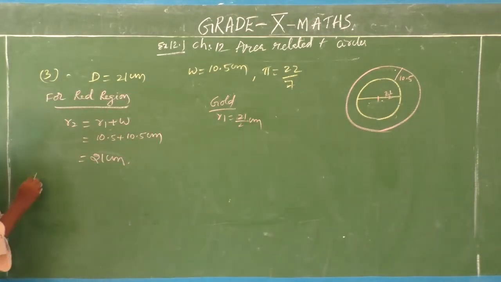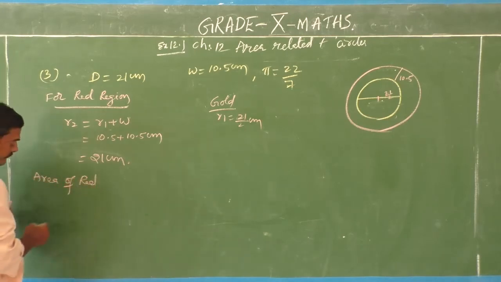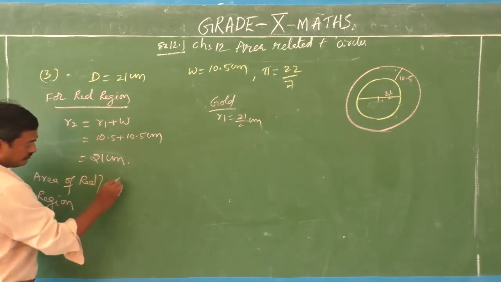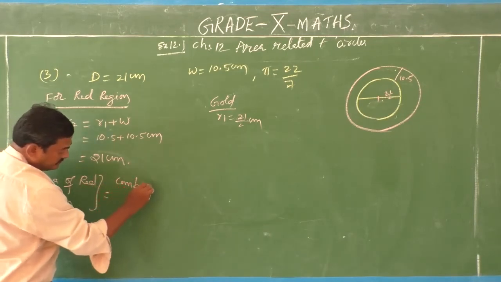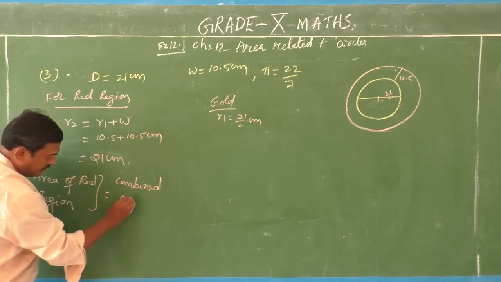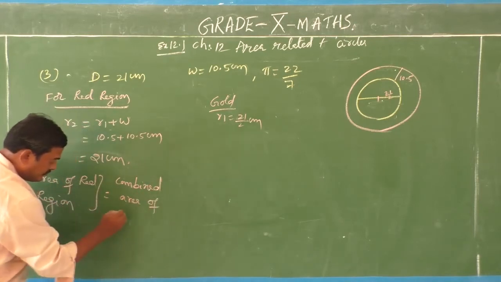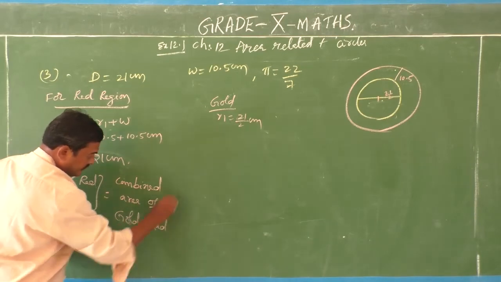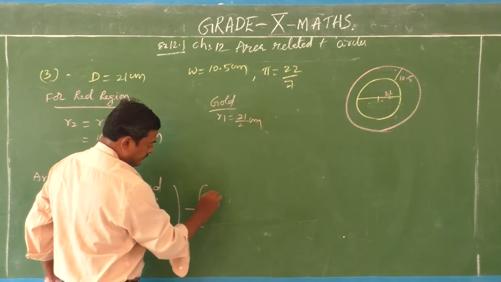Now the area of the red region equals the combined area of gold plus red minus the area of gold.